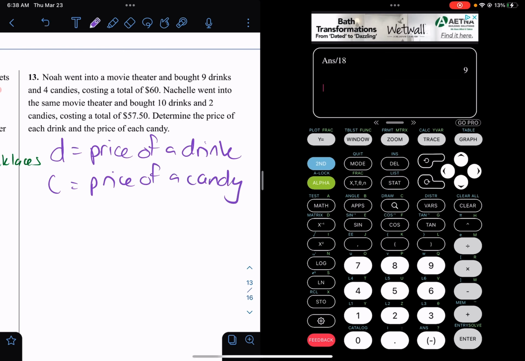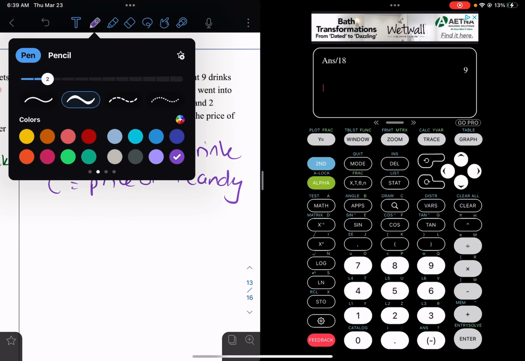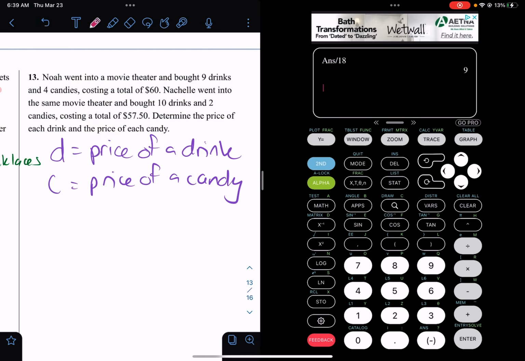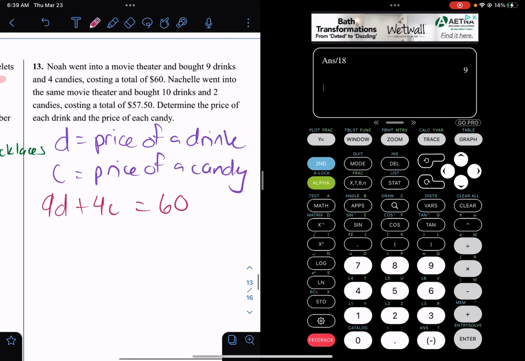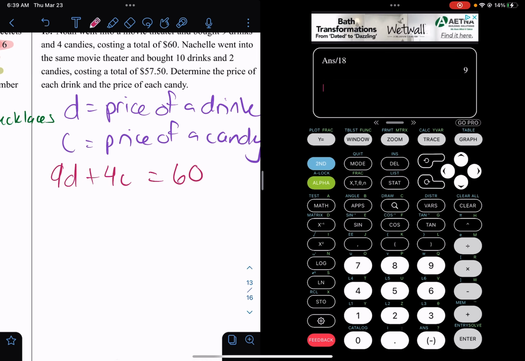All right. So first equation here, we've got 9 drinks plus 4 candies, and that's going to cost us $60. And then our second equation, we've got 10 drinks and 2 candies, and that's going to cost us $57.50.